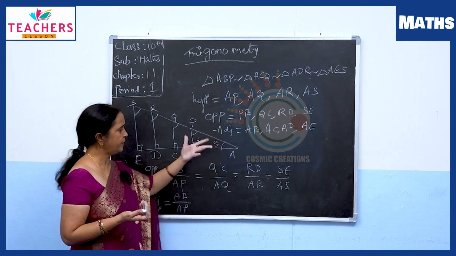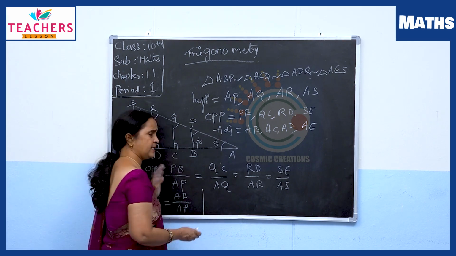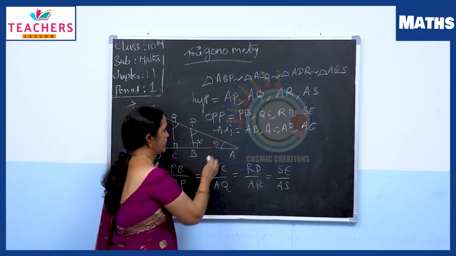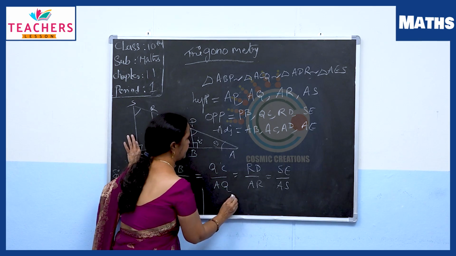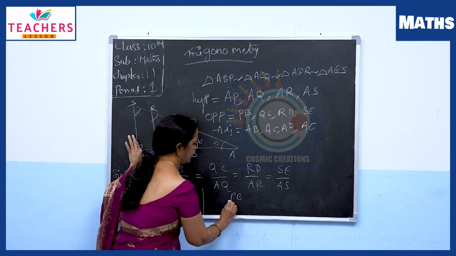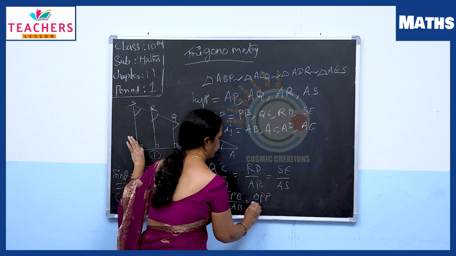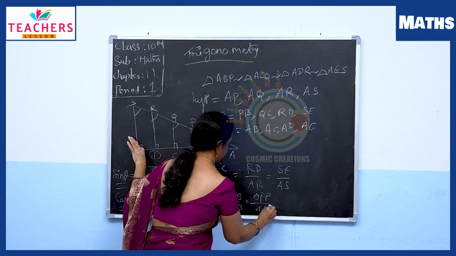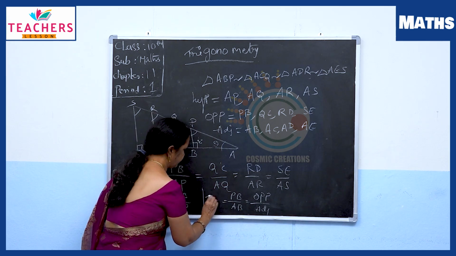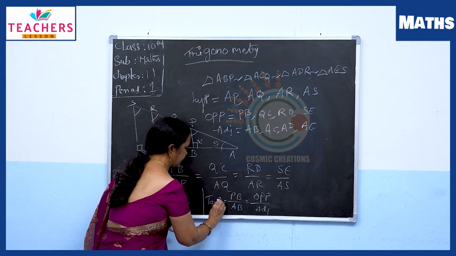We can take those proportions also because the triangles are similar. Then opposite by adjacent, PB by AB, is referred to as tan theta.